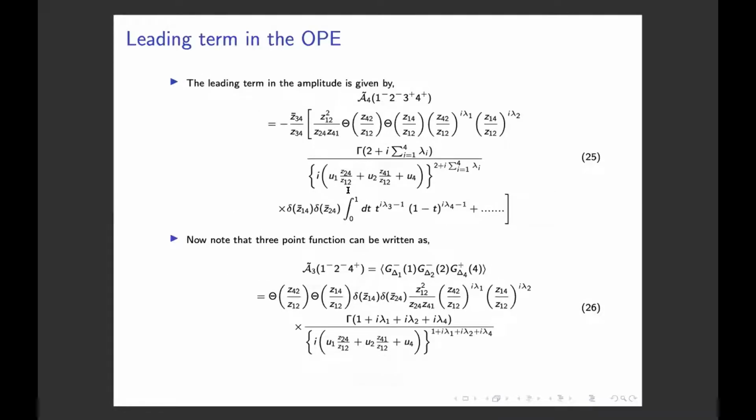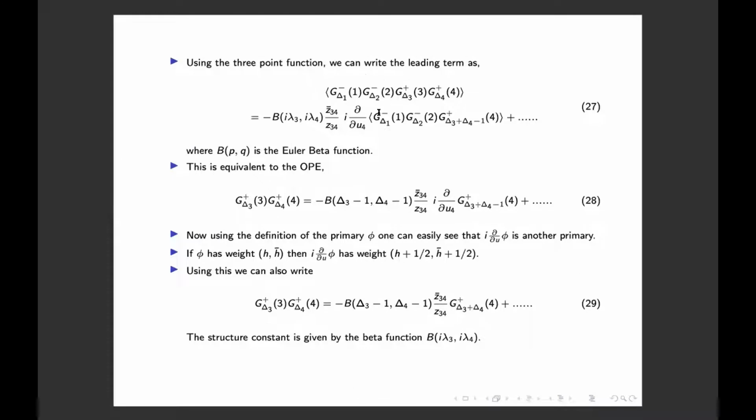So this was the first term, and now you can compute the A tilde 3, which is the 3-point function, and that A tilde 3 is given by this equation. So you can write the first term in this amplitude in this form: g delta 1, delta 2, delta 3, delta 4, as z3 goes to z4, so that becomes this beta function times z bar 34 by z34 times i del u4 acting on this g delta 3 plus delta 4 minus 1.